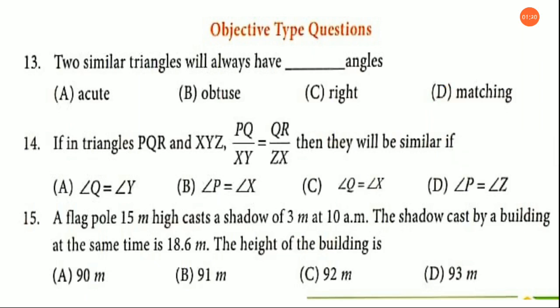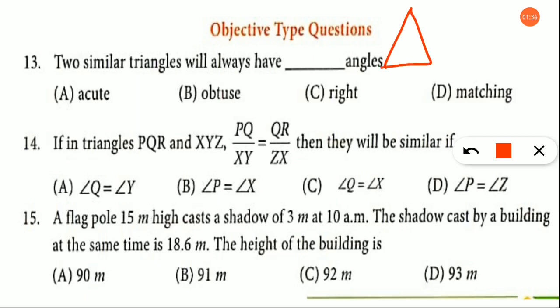Now 14th one. If in triangles PQR and XYZ, PQ by XY is equal to QR by ZX, then they will be similar if you have to check with the options.